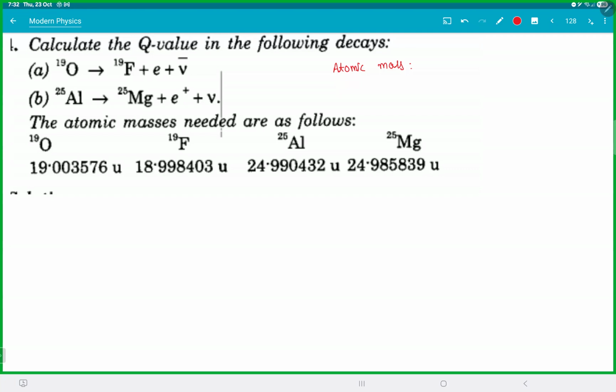So listen. So atomic mass is what? This is the mass of the nucleus plus mass of the electrons.